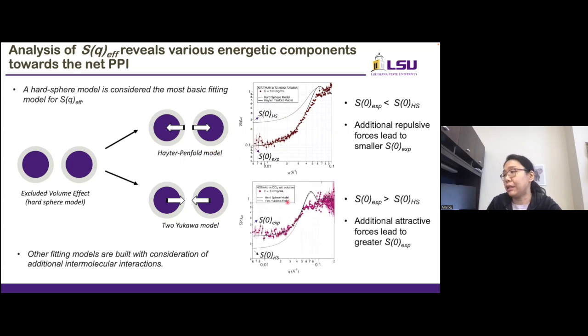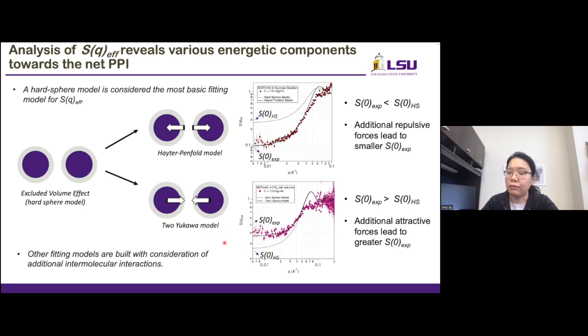And then here's another example where we measured NISTmAb in perchlorate solution. And we can see the S of 0 value derived from the hard sphere is greater than that measured from the experiment. So in this case, we use the two-Yukawa model, which considers additional repulsive and attractive interactions in addition to excluded volume effects.